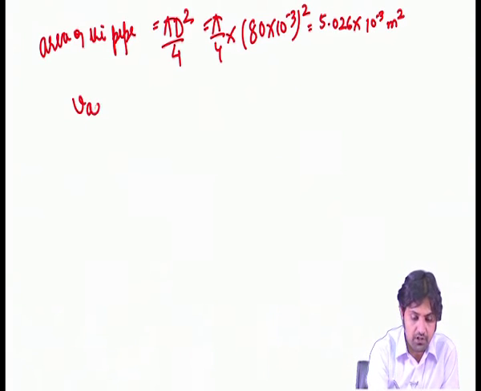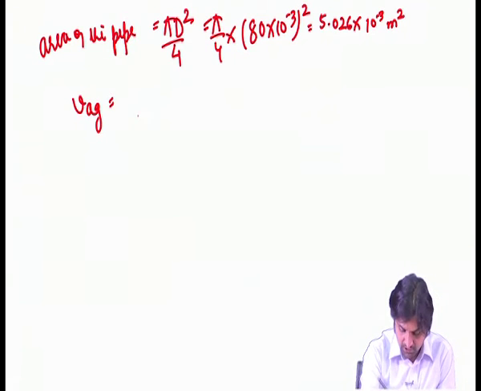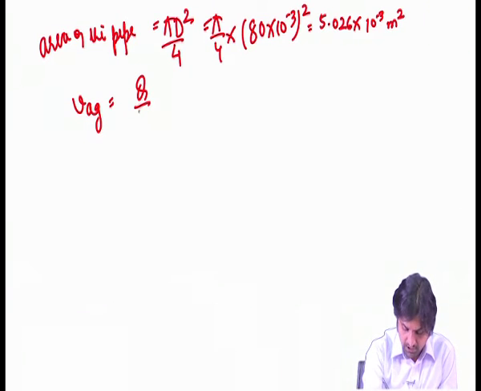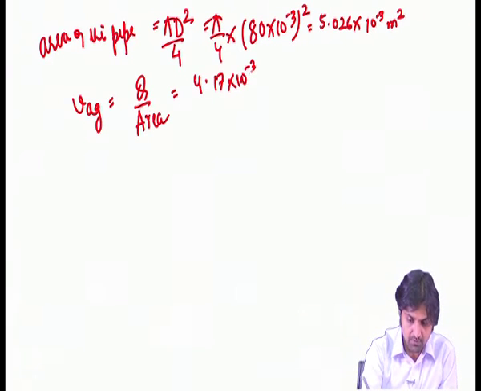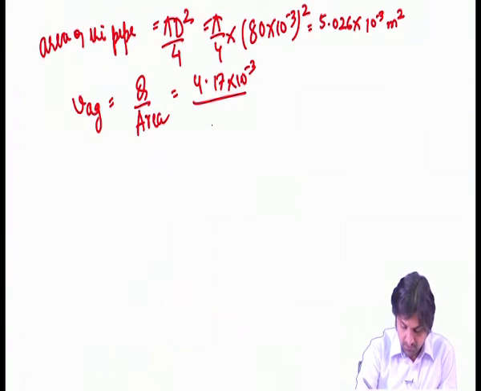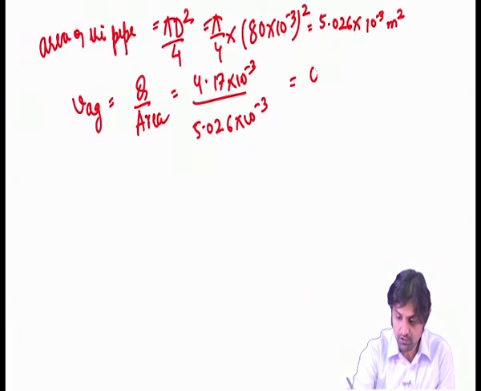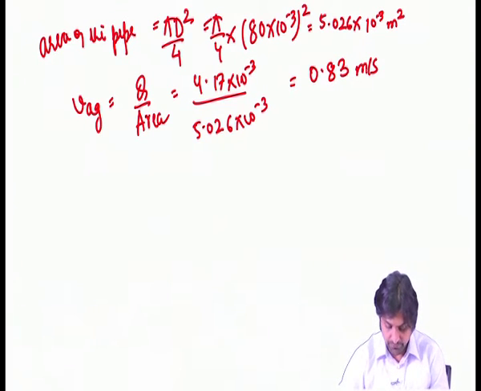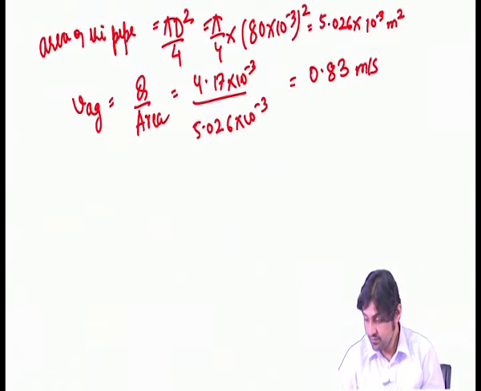The average velocity is Q by area, which is 4.17 into 10 to the power minus 3 divided by 5.026 into 10 to the power minus 3, equal to 0.83 meters per second.